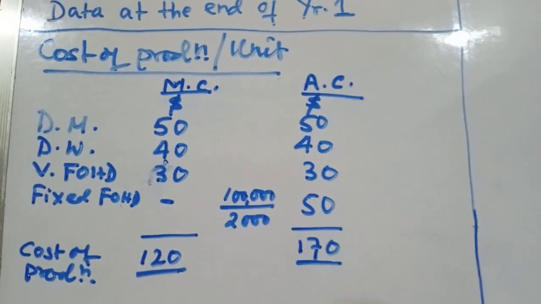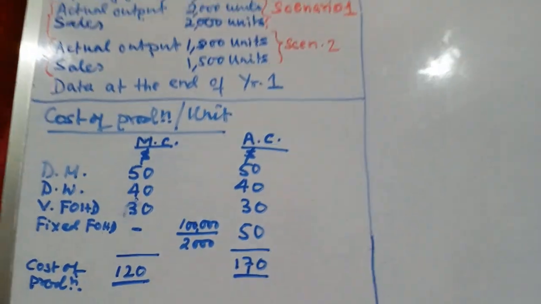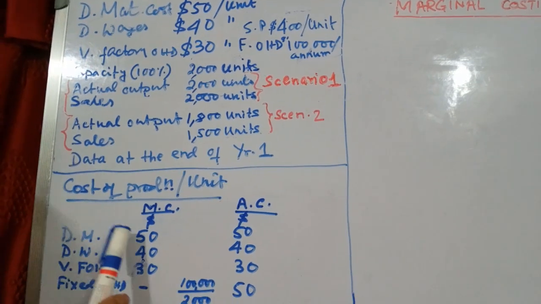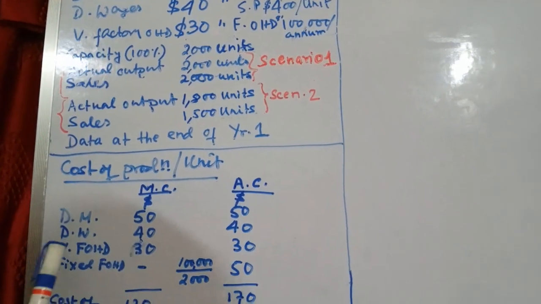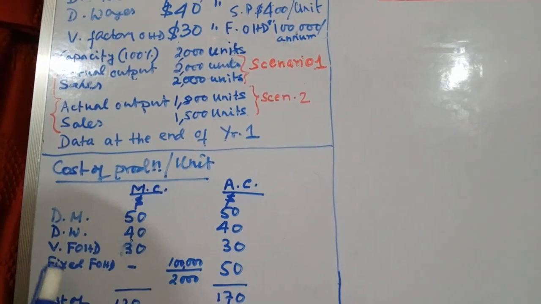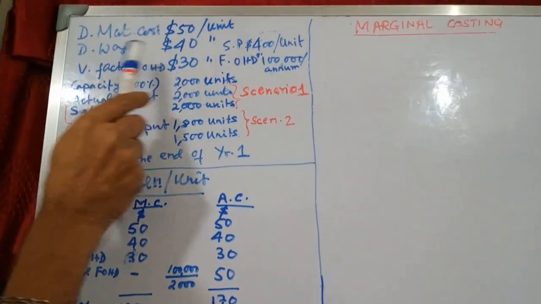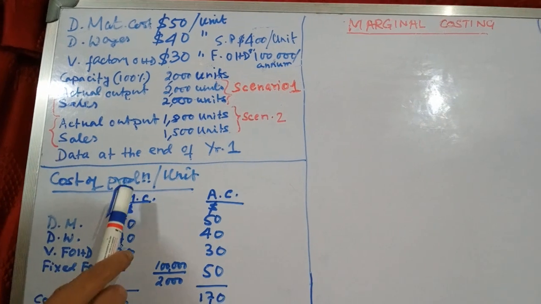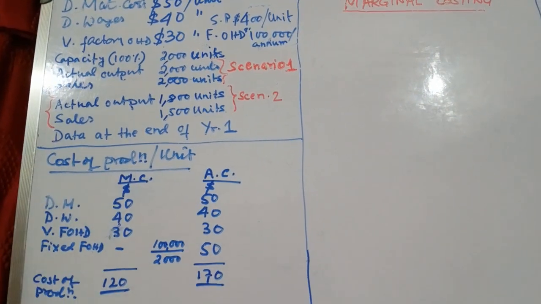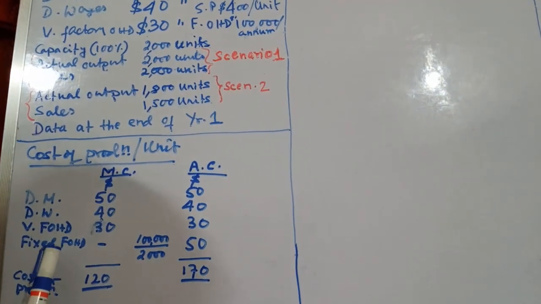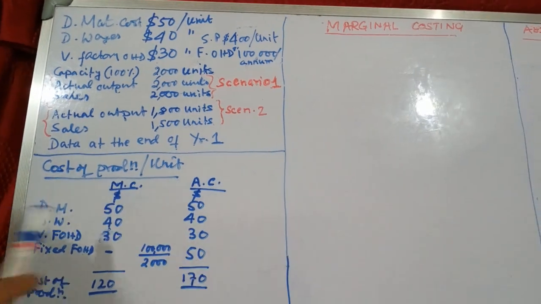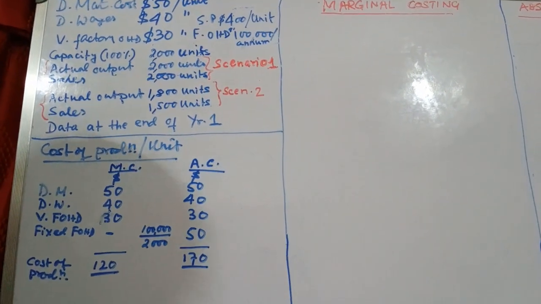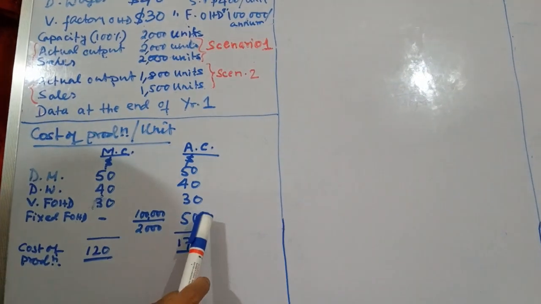Direct material cost 50-50, direct wages 40-40, variable factory overhead 30-30, and under marginal costing there is no fixed overhead in cost of production, but in absorption costing there is fixed overhead in the cost of production.